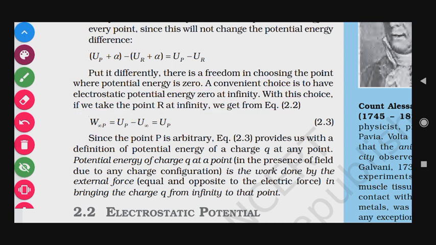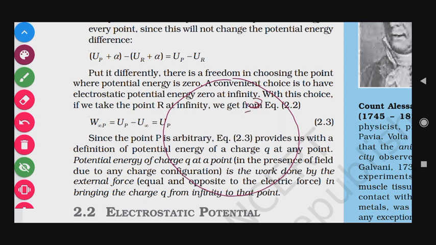So now we can define the potential. Since the point P is arbitrary, this provides us with the definition of potential energy of a charge q at any point. Potential energy of a charge at a point in the presence of a field due to any charge configuration is the work done by the external force in bringing the charge q from infinity to that point. So what is the potential energy at a point?